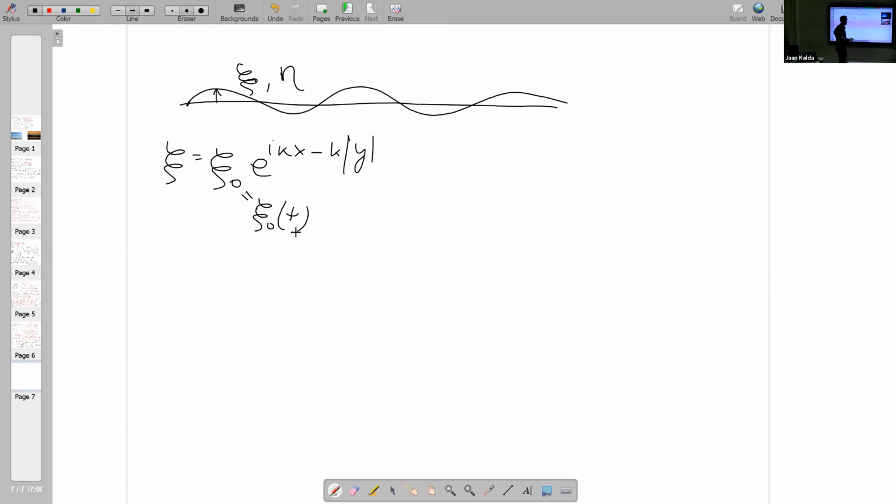And so the velocity, x component of velocity, vx is equal to psi dot, which equals psi naught dot, and still the same thing, e to the i(kx minus ky). It goes away exponentially in y and sinusoidal in x.